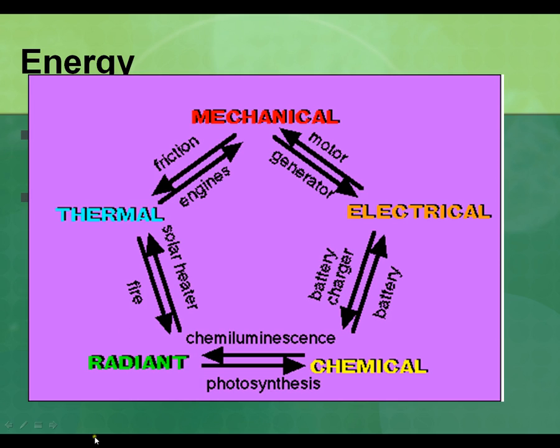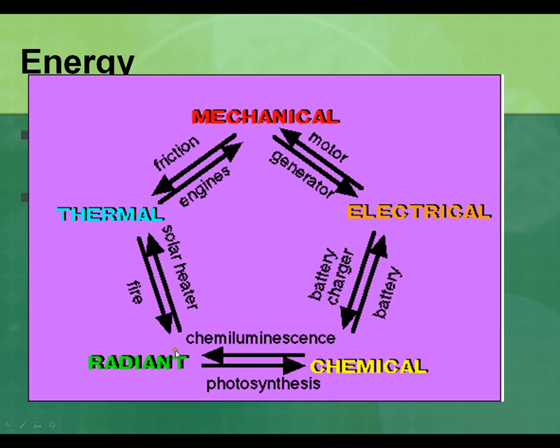What we are going to be concerned with down here is the chemical energy. So radiant energy, chemical energy, and a little bit of the electrical energy is what we'll talk about throughout our unit on cells. Chemical energy is the energy that's stored in the bonds of chemicals, such as sugar, and this chemical energy is transferred into other types of energy, such as thermal energy, or mechanical energy, or electrical energy.